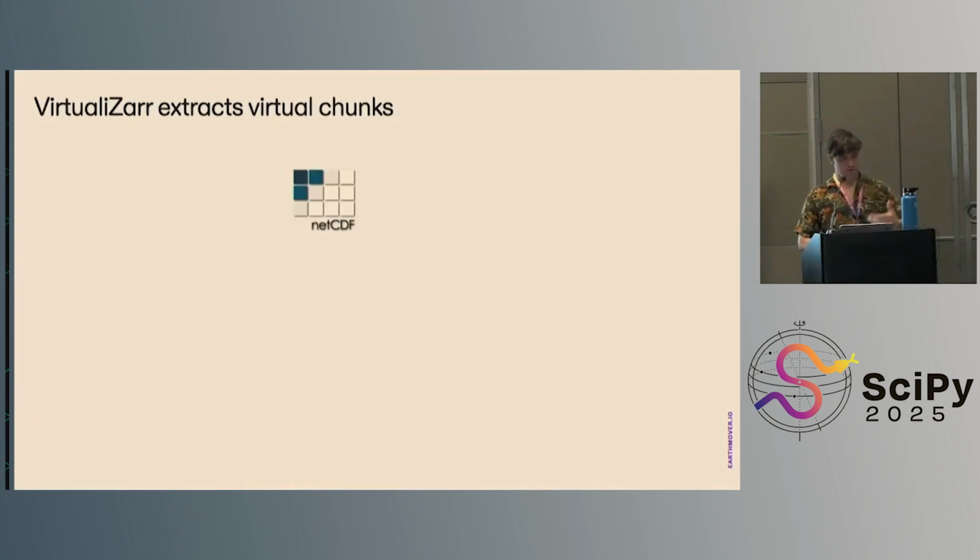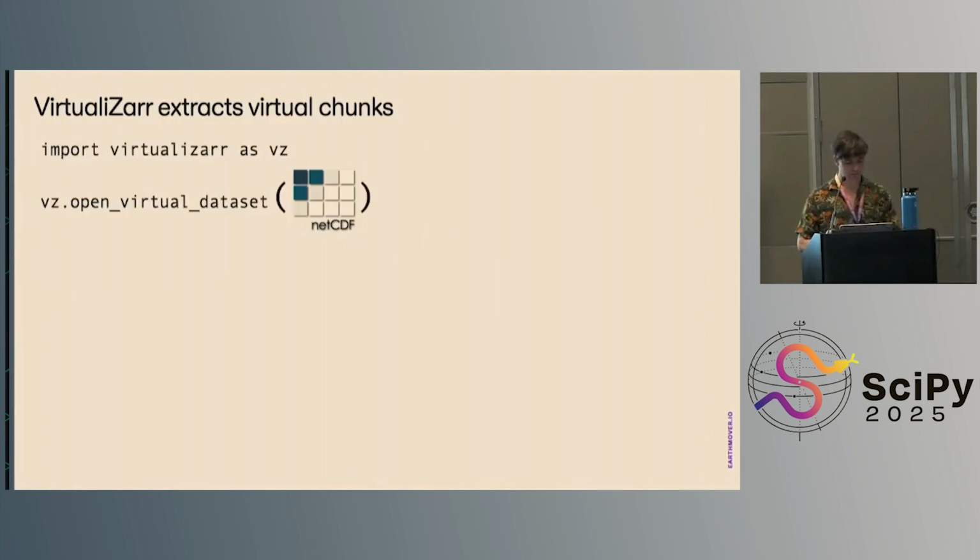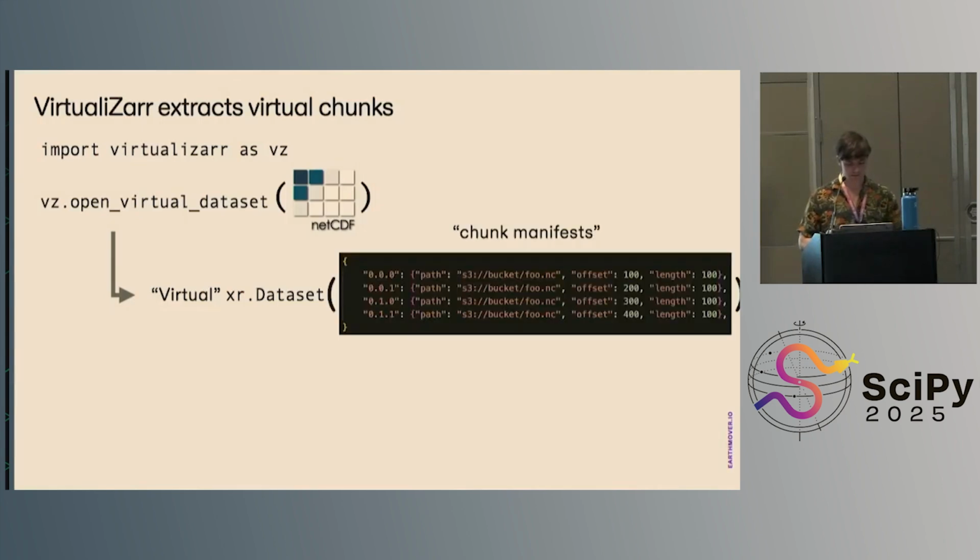But to get the virtual chunks into Icechunk, we first have to create these virtual references, and that's what VirtualiZarr does. So we import the VirtualiZarr library, we call open virtual dataset on our netCDF file, and what we get back is a special xarray dataset which contains a bunch of information about where to find every chunk, basically.